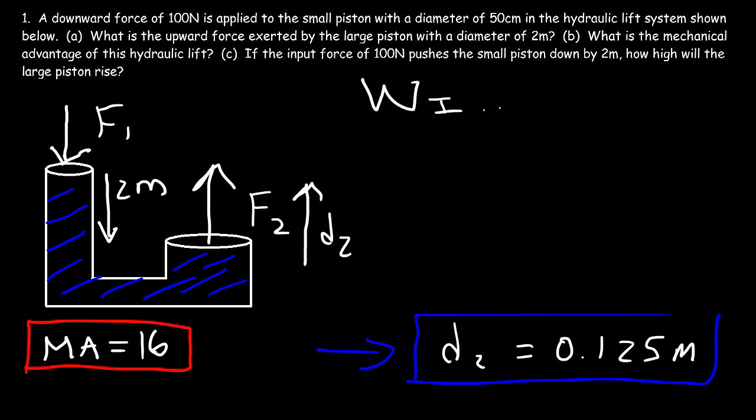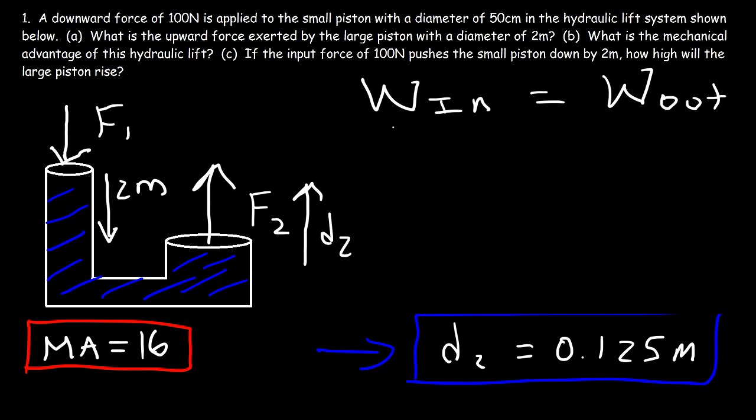So the input work has to equal the output work. So the work that we apply has to equal the work that the machine will do if there's no friction. So this is the ideal situation. If this machine is 100% efficient, the energy that we apply to the machine has to equal the energy that the machine puts out as well.